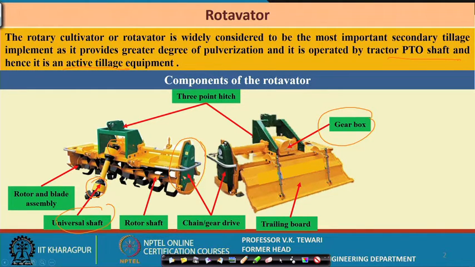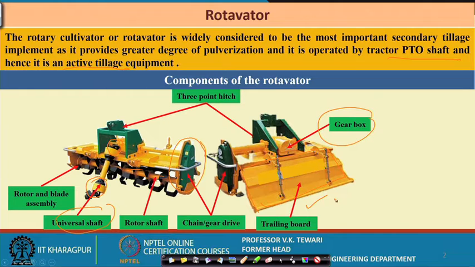Well, another important component of this rotavator is the board. You can have a look at this board, which we call the trailing board. Now, this board has two main purposes. When the equipment is operating, many a times there could be stones, and there may be people around, maybe the person who is operating, and another helper.